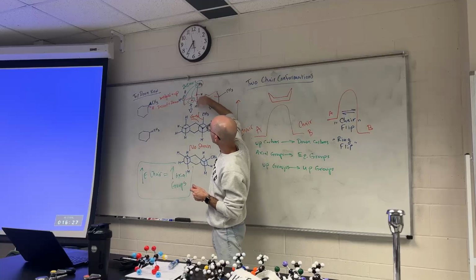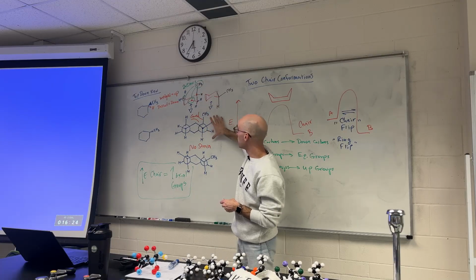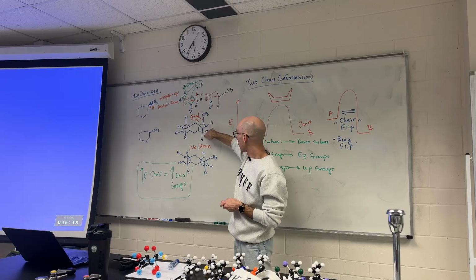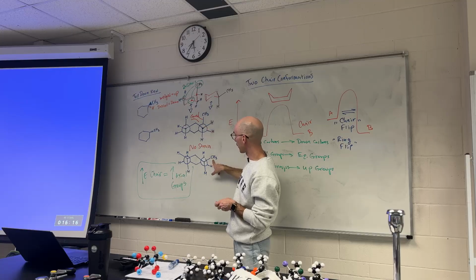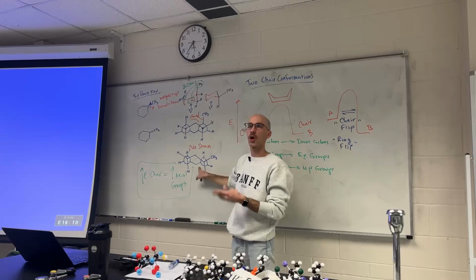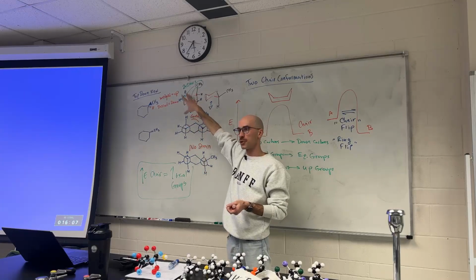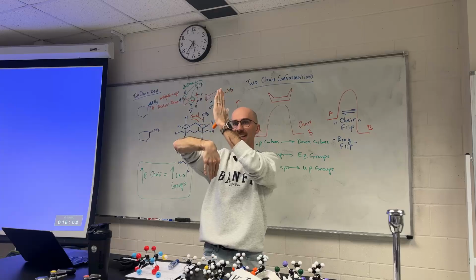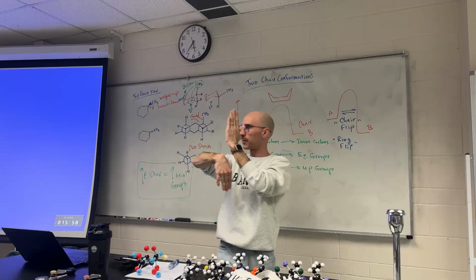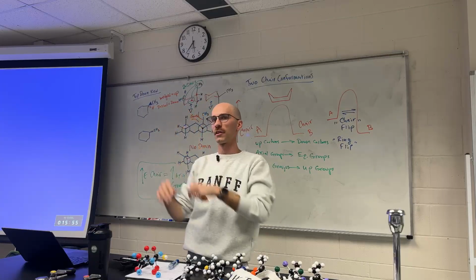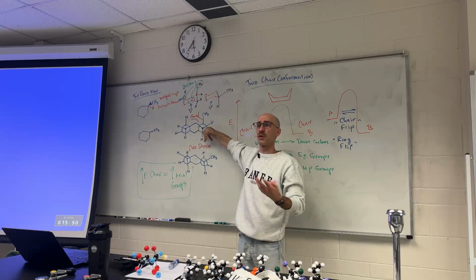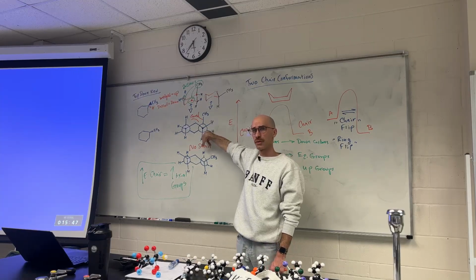I can't really see it in the chair conformation, but the Newman projection shows me methyl is anti to a hydrogen. And here, when it's axial, here where it's equatorial, what's anti to it? Another carbon, a part of the ring, which is what we drew earlier when we said the bromines being anti would be the lowest energy. When those big groups are anti to each other, it's lower energy. And it'd be higher energy if they're eclipsed. Here, I'm anti to a hydrogen. I'd rather be anti to a larger group than anti to a smaller group.